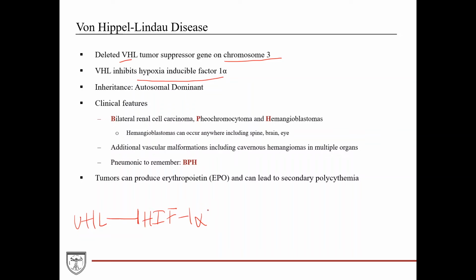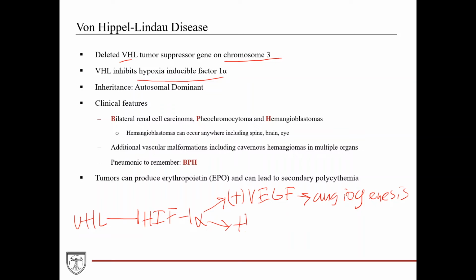So HIF1 alpha specifically, it stimulates the production of 2 different molecules. So first, it stimulates the production of vascular endothelial growth factor, which stimulates angiogenesis, which, as you can guess from the name, is the production of new blood vessels or new blood vessel formation.